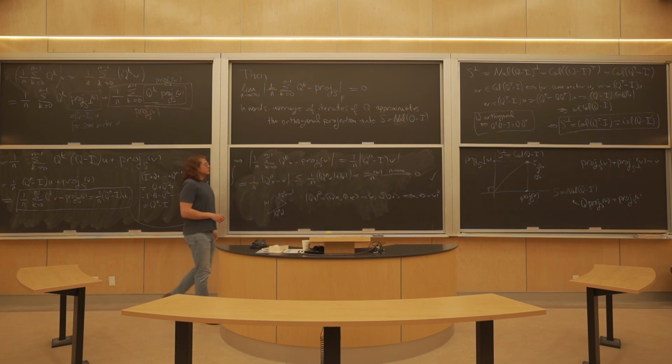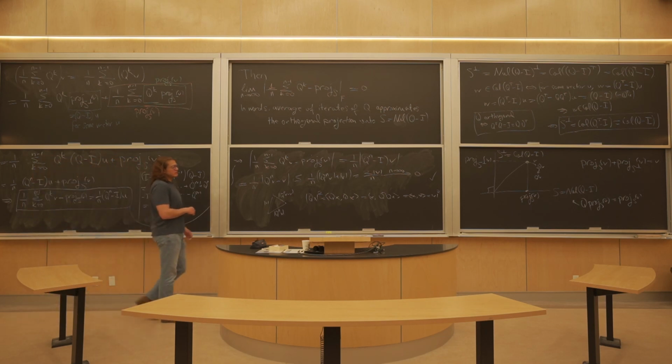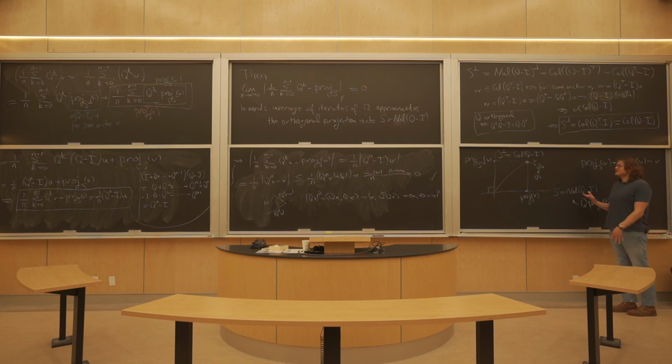So what does this mean? It means that if you start with an orthogonal matrix, and if you're trying to come up with this orthogonal projection, or in other words, a vector that is invariant under your Q, you can do this business that we learned.